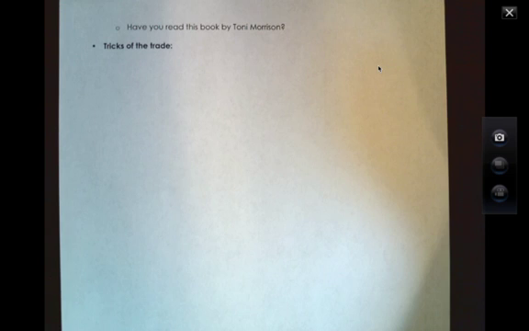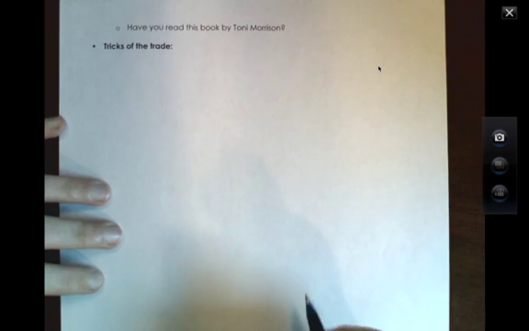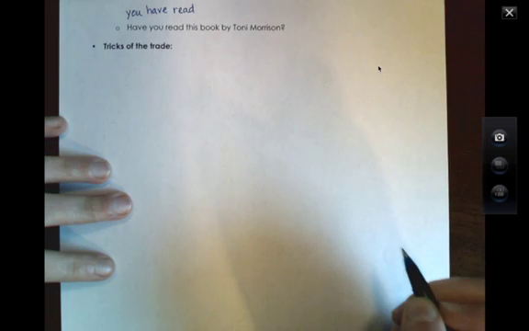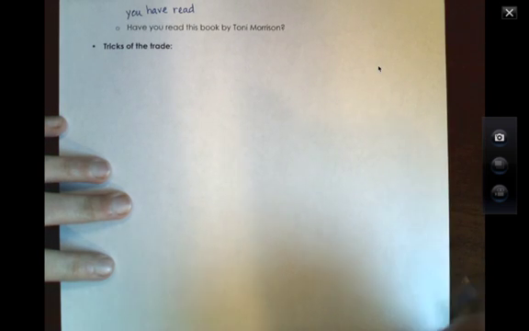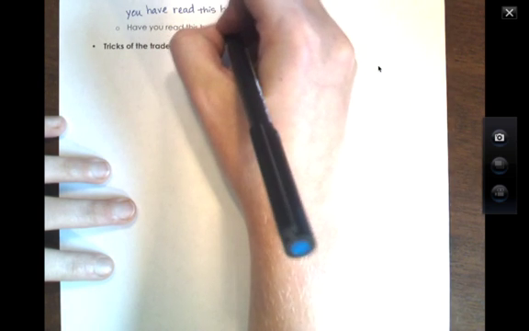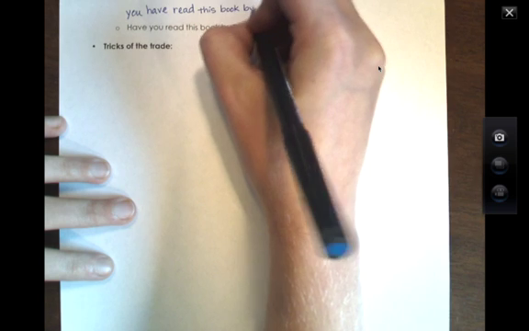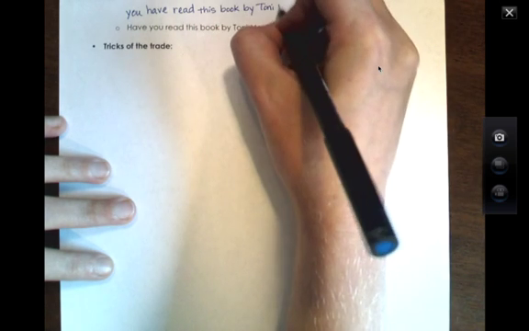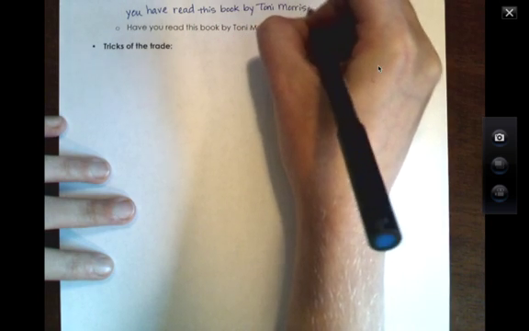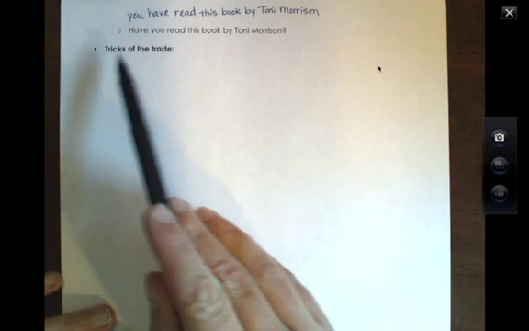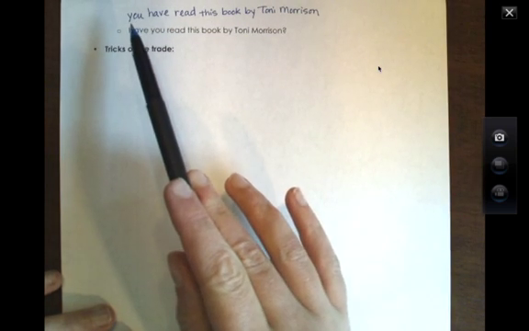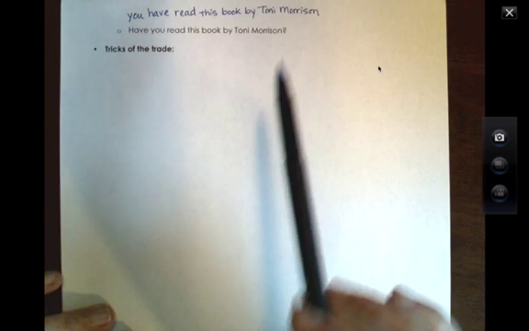So instead of having "have you read," we're going to turn it into "you have read," and then the rest of the sentence is going to stay the same. This book by Toni Morrison.